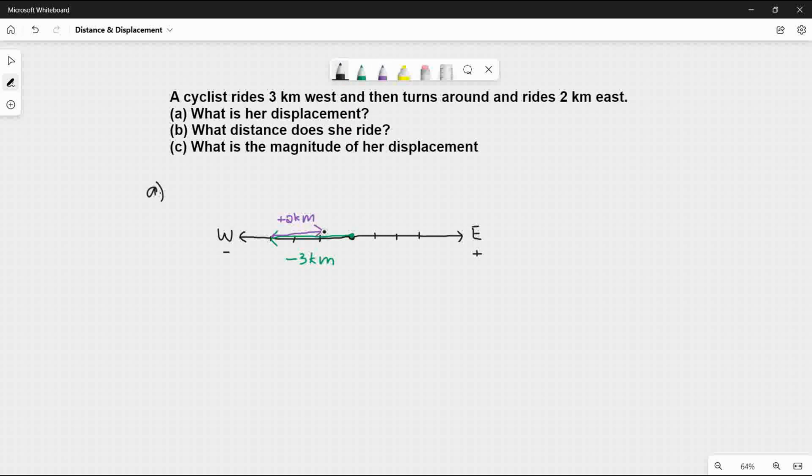And what we're looking for here is the difference between these 2 points, the initial and the final position. Remember, what is asked here is the displacement, so we have to include here the direction, which is negative.